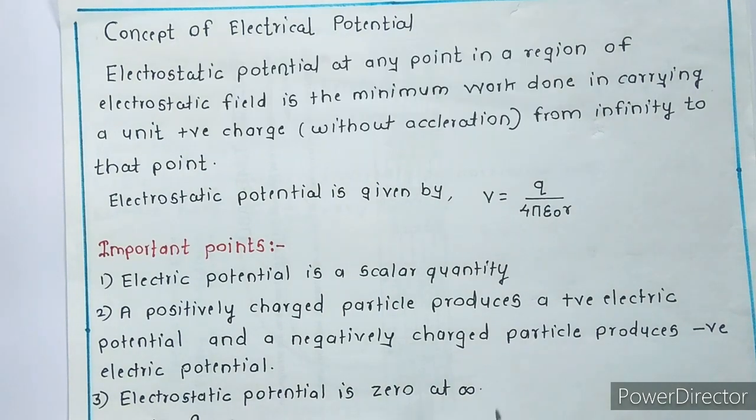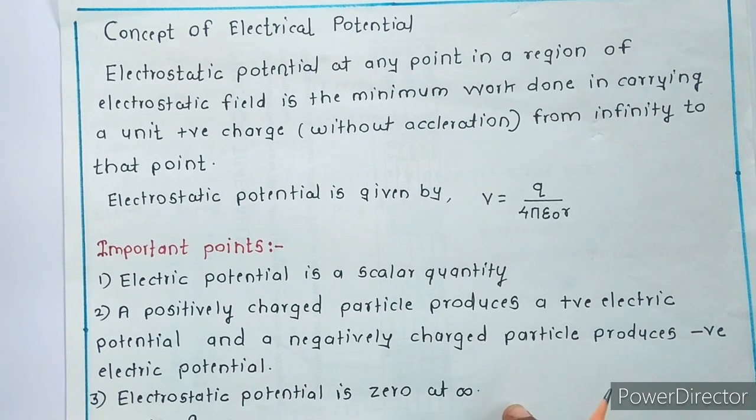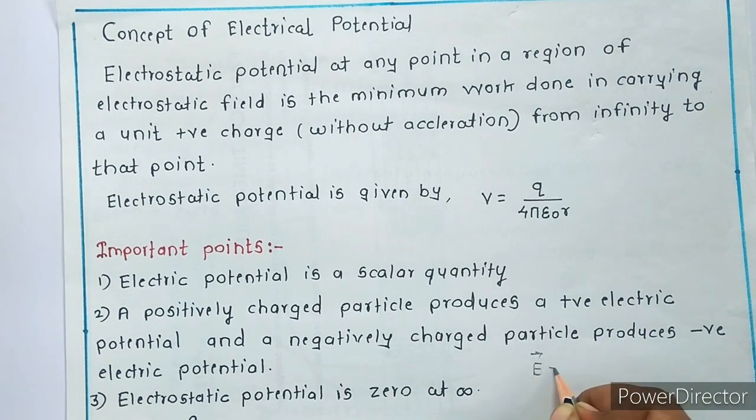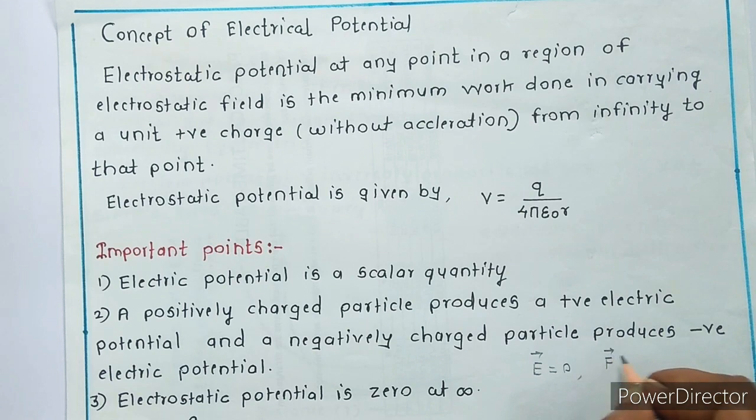Now understand this. Consider a charge which at infinity, the electric field intensity E is always equal to 0. If E is 0, then the force, which is equal to E into Q, also becomes 0.